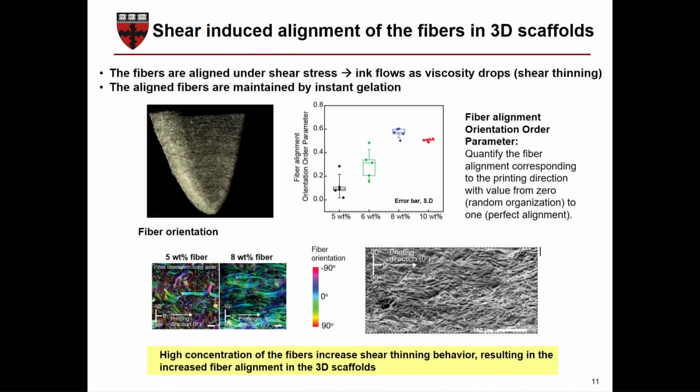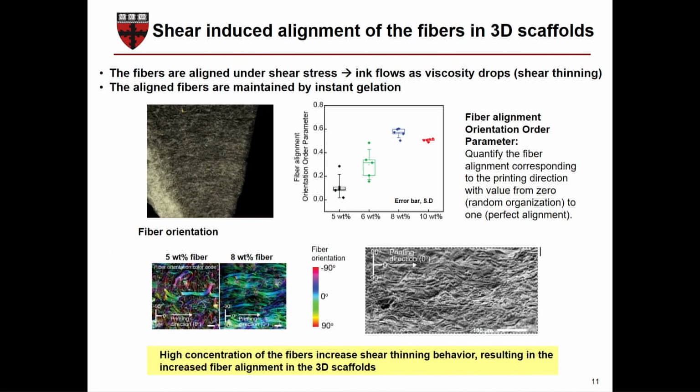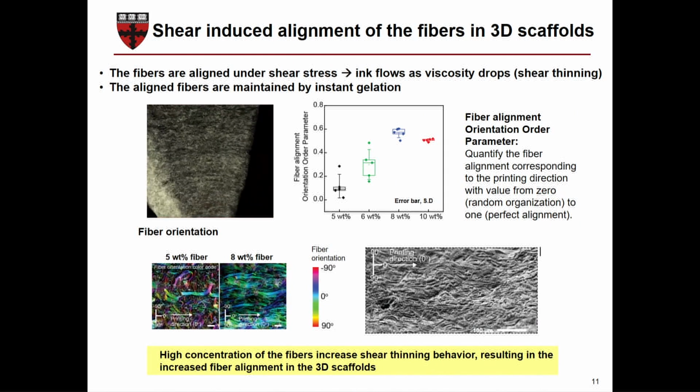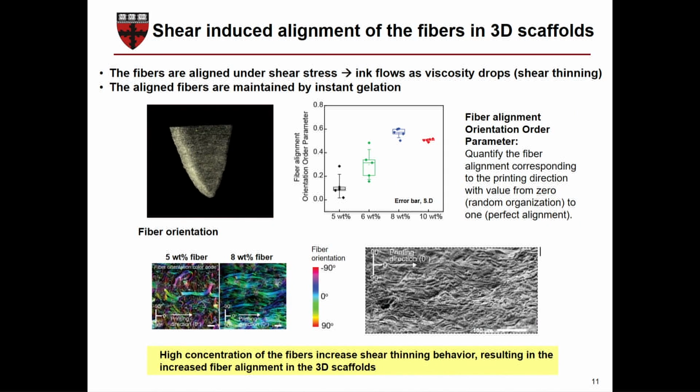Now we print this scaffold, and then we wonder how these fibers arrange within this scaffold. So we control the fiber concentration from 5 to 10, and what we see is that as the fiber concentration increases, the gel tends to solidify quickly after it is printed out.